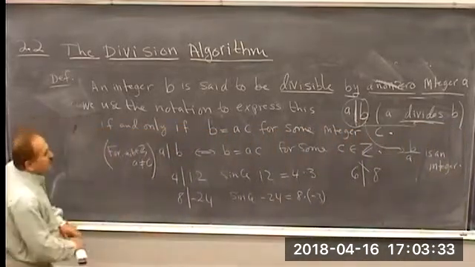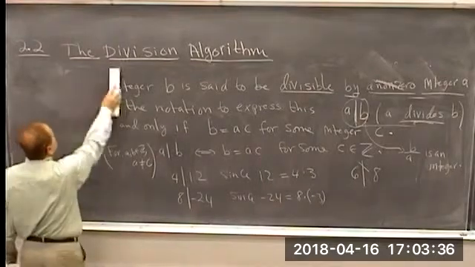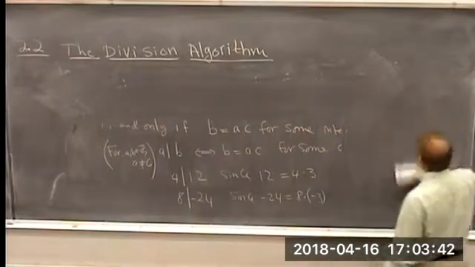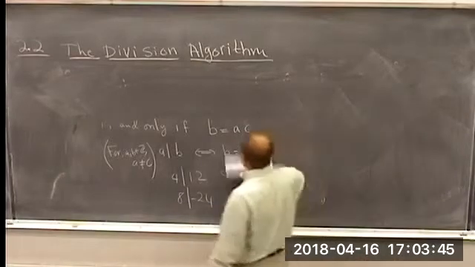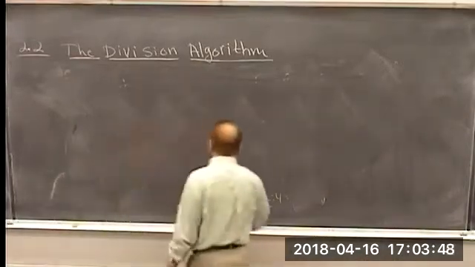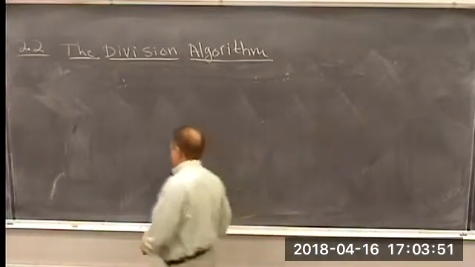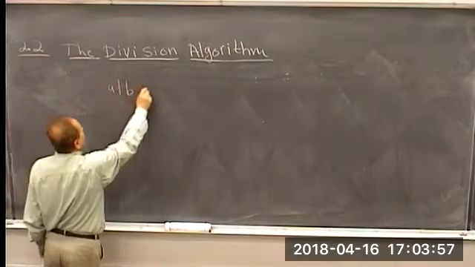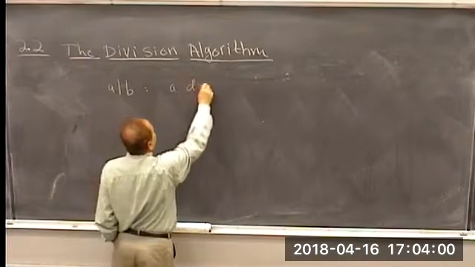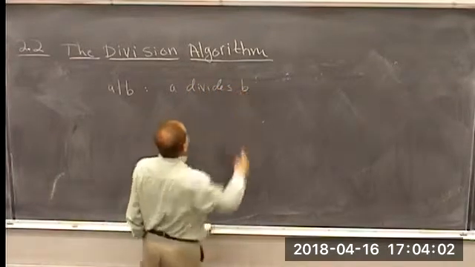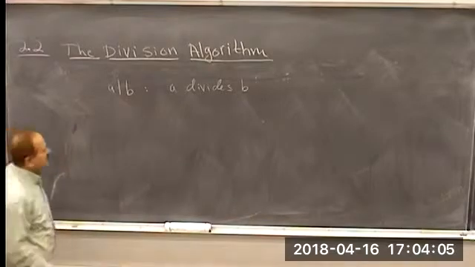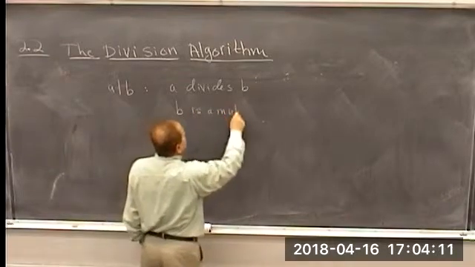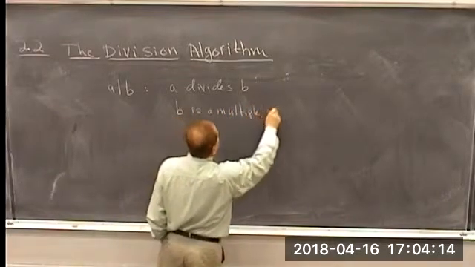Other names we use are different ways of saying this relation divide. The way we read this one is A divides B, that's one. Also, we say that B is a multiple of A.